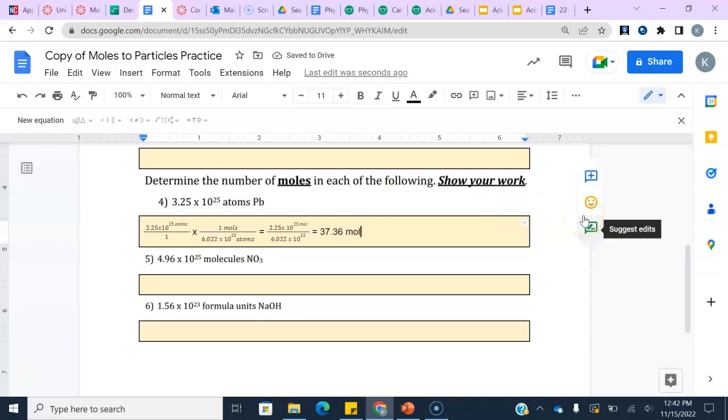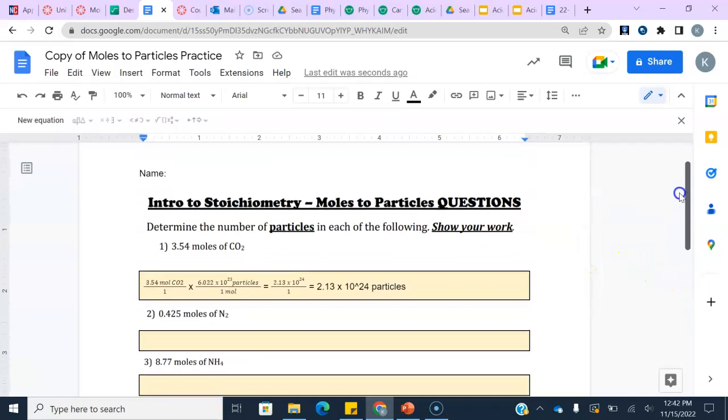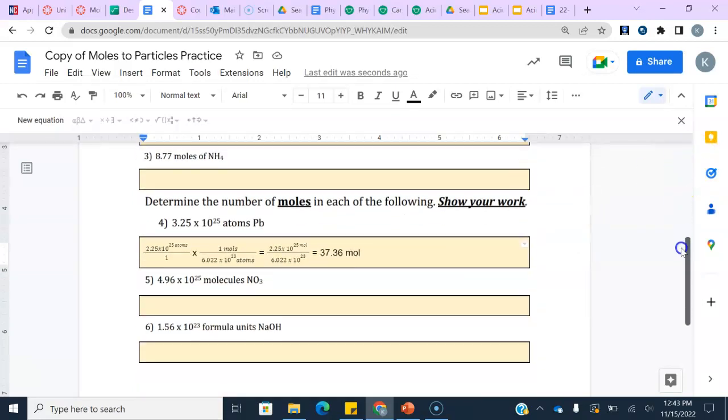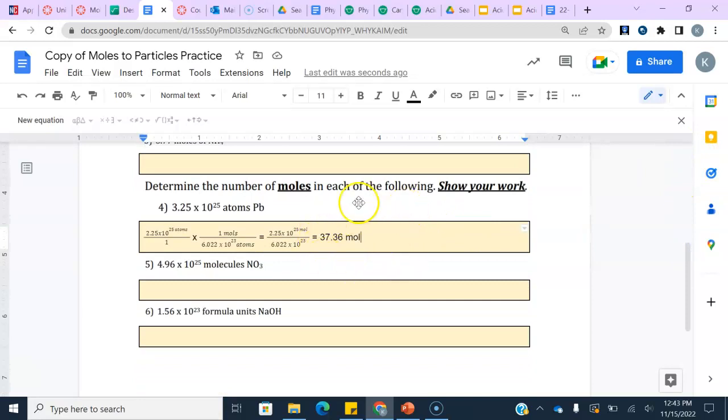This makes sense, right? Because the moles are in large particles. Remember, 1 mole is equal to 6.022 times 10 to the 23rd. So if you're going from moles to particles, you're going to have a larger number. If you're going from particles to moles, you're going to have a smaller number, okay? So there's your 2 examples.